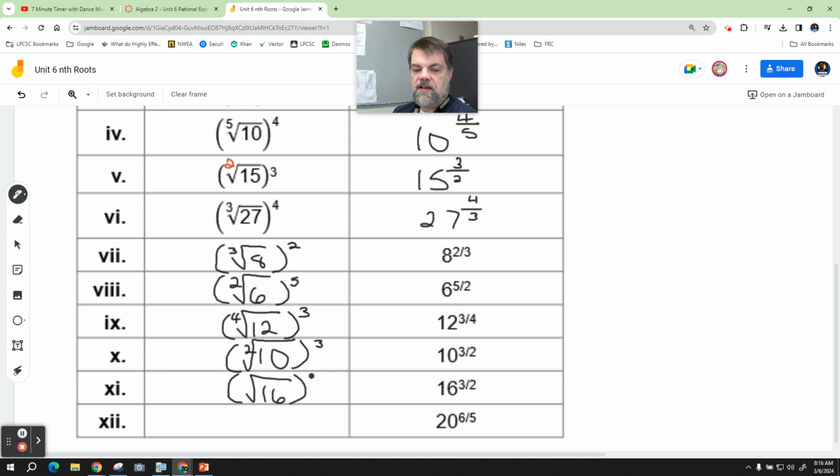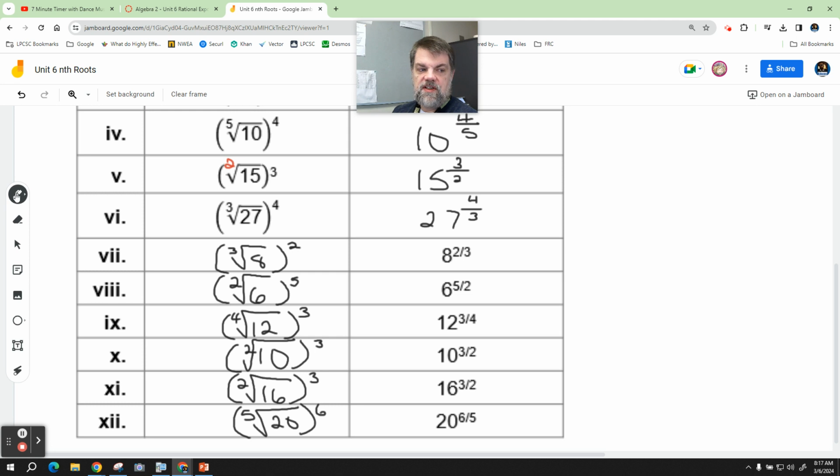The power is 3. The root is 2. Next one, the base of 20, the power is 6, and the root is 5.